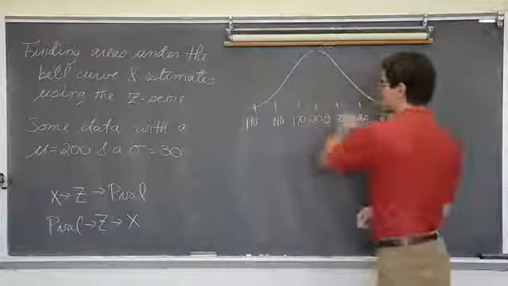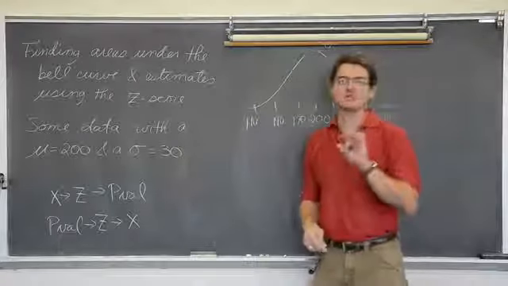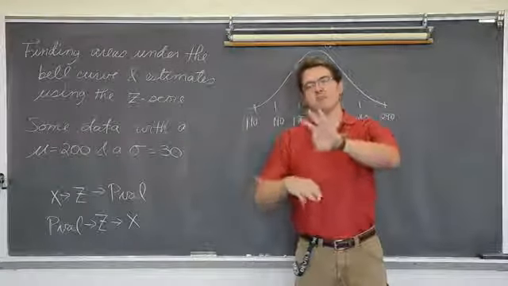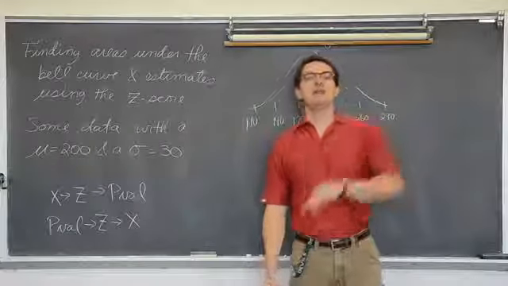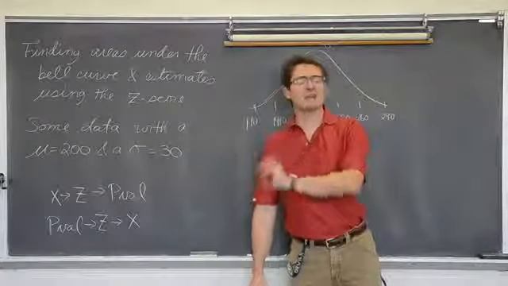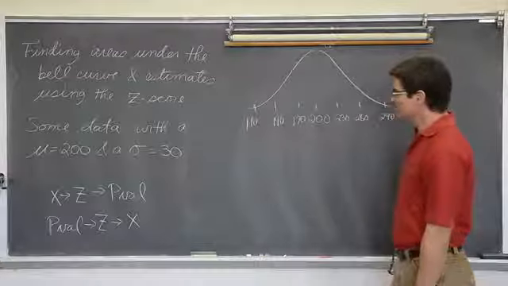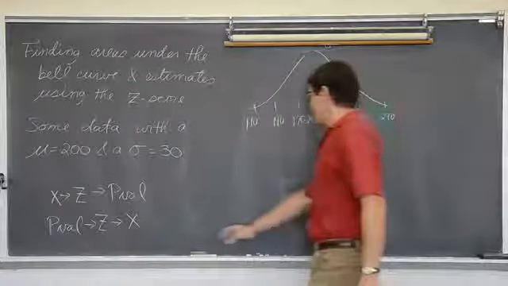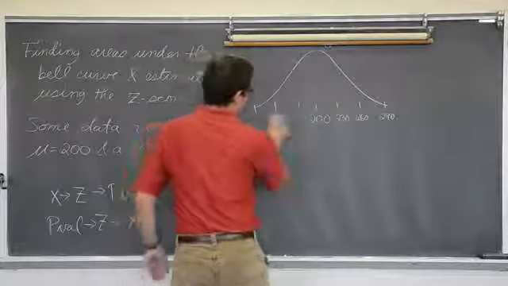You would have to draw it this way if you put the tick marks every standard deviation, because within 3 standard deviations left and right, that's 99.7% of your data.